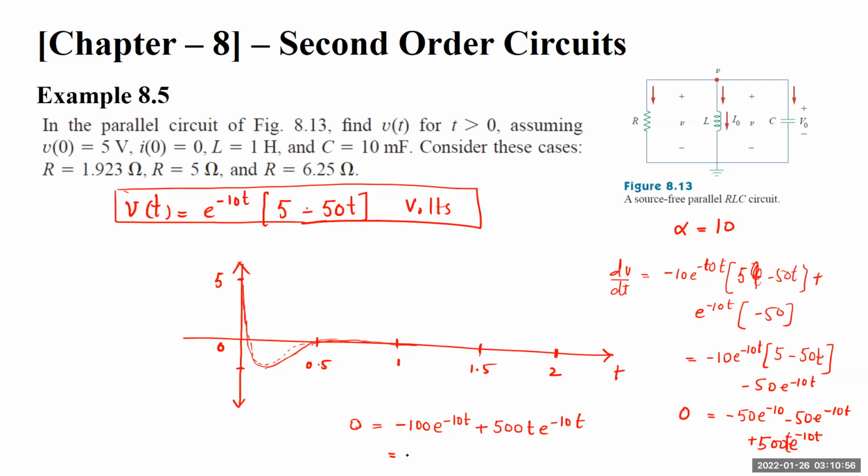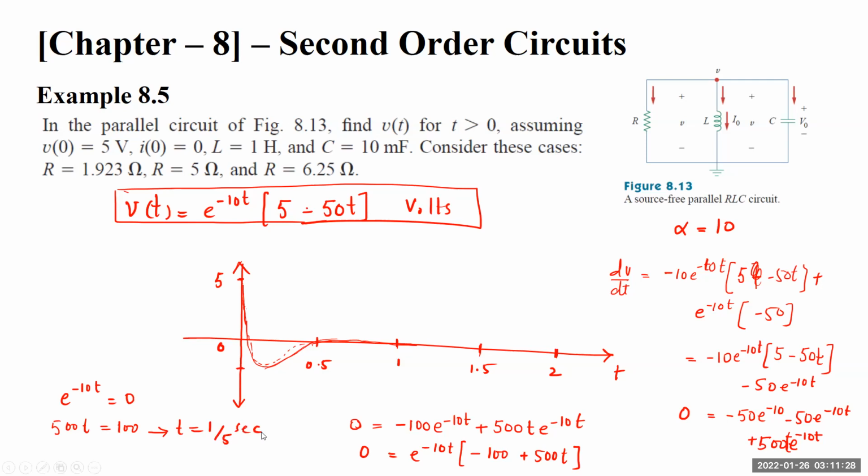If we take e raised to power minus 10t common, we get minus 100 plus 500t equals 0. So this is the equation which we get. e raised to power minus 10t will not be equal to 0, and so 500t equals 100. So time equals 1 by 5 seconds.